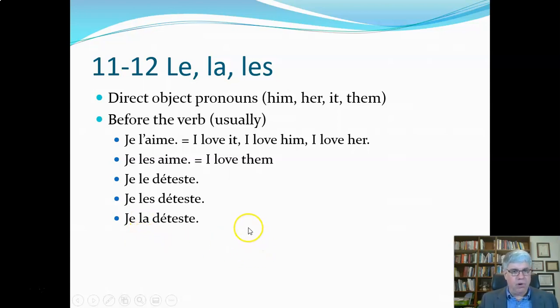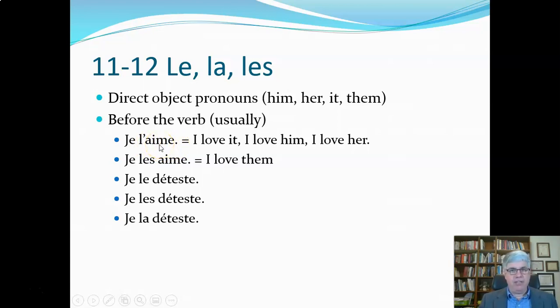So notice the word order. We always have the subject at the beginning, or at least we usually do. We'll come to a few exceptions. And we've got the verb, but the direct object pronoun, like almost all pronouns, is going to come between the subject and the verb. So when we start trying to figure out how to translate all of this, what's really important is to figure out what is the conjugated verb.